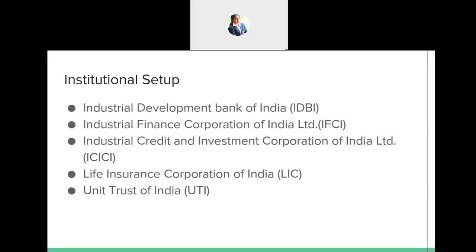Now, speaking about IDBI, it was established on 1st July 1964. The government of India established IDBI under an act of parliament as the principal financial institution of the country.